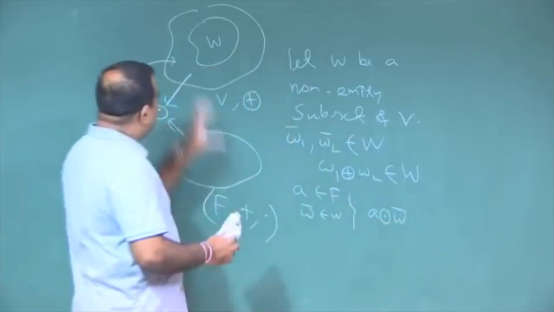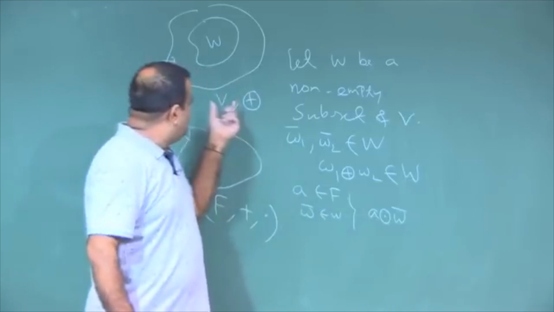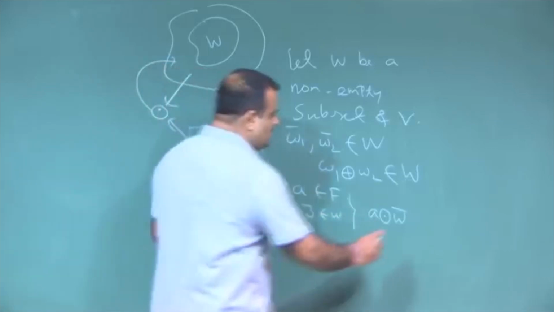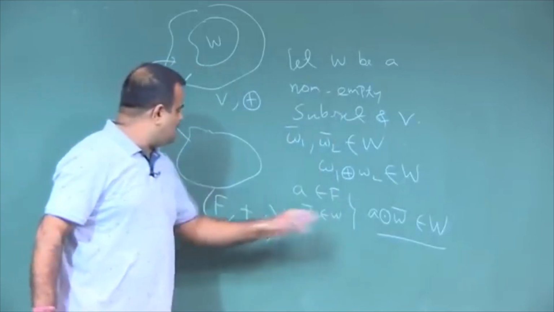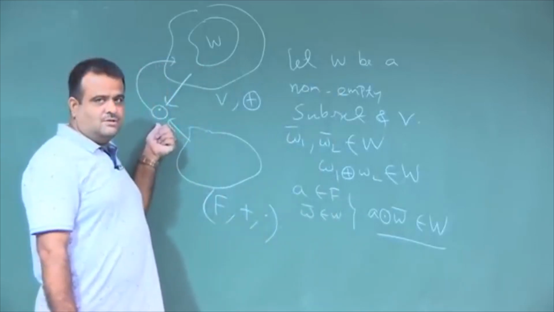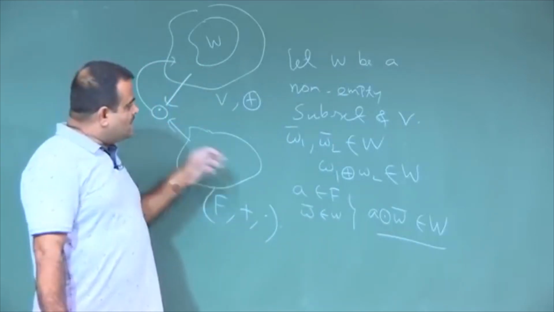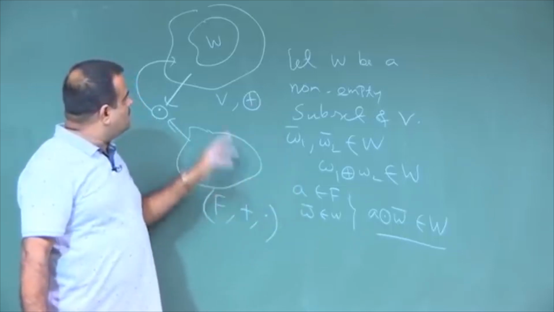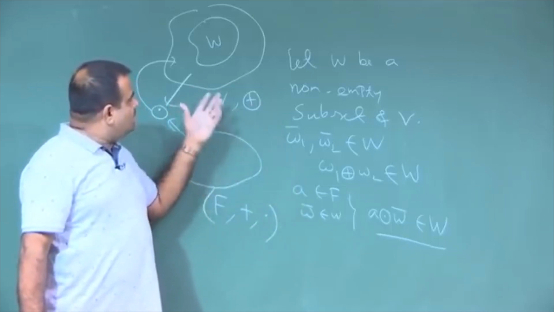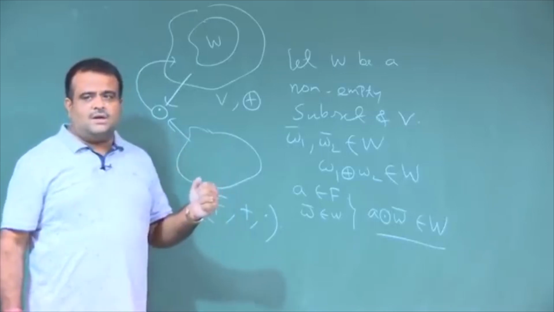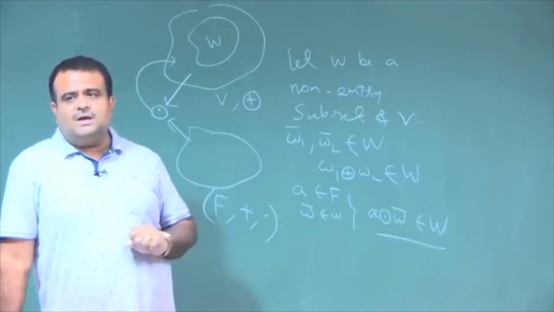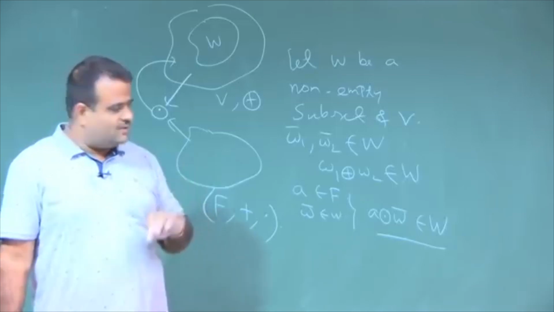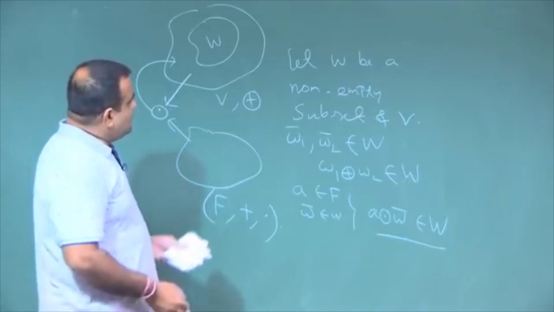Now, this is a vector space, so we know this must be in V. Now, if it happens to be in W, then we call W stable under scalar multiplication also. Okay. Then with these two operators, if W forms a vector space over these operators, then it is called a subspace or sub vector space.